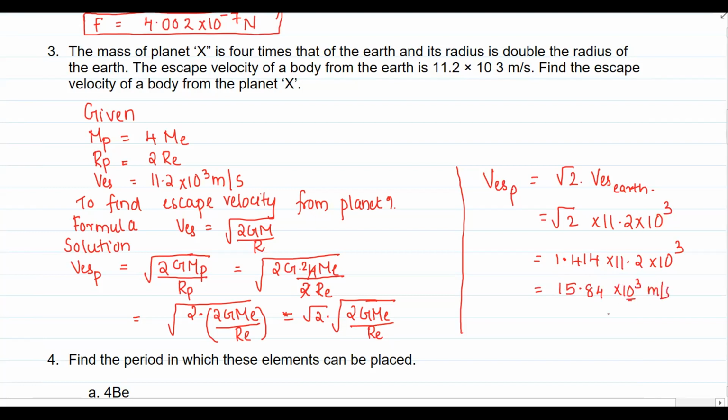This 10 raised to 3 means 1000. So we can write instead of 10 raised to 3, kilometer per second.